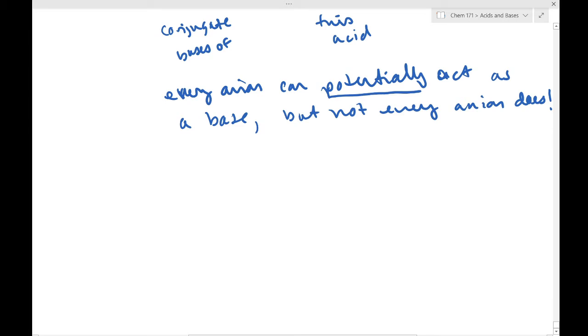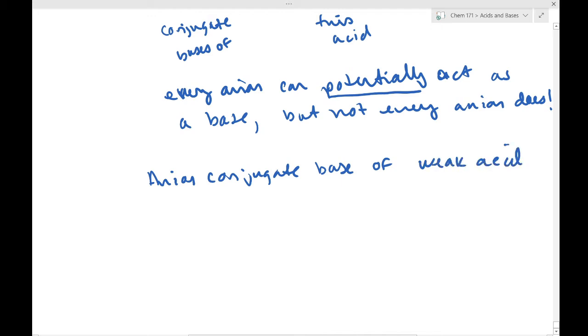If the anion is the conjugate base of a weak acid, that means that this conjugate anion itself is a weak base.